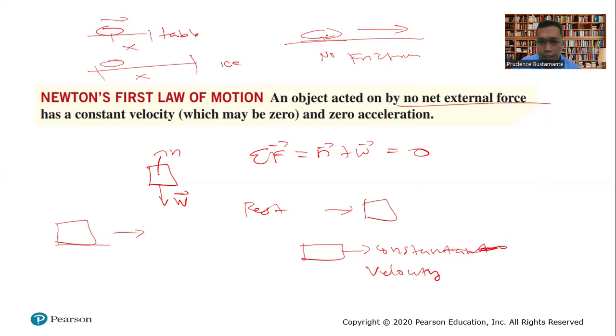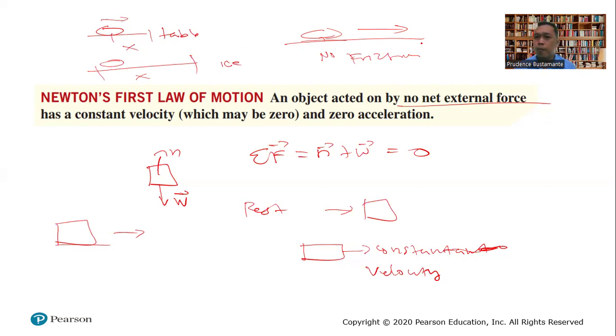Unless you act, unless there is a net force, unless you push it or pull it back or something, decelerate it, otherwise it will not change. It will remain at constant velocity unless acted on by a net force.